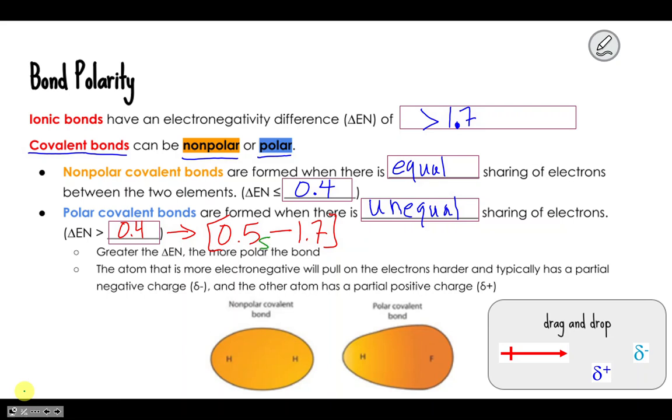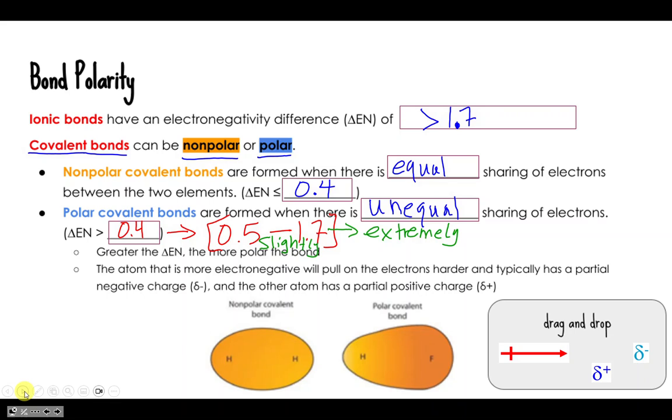So it is a range. 1.7 would be the greatest electronegativity difference, which would be the most polar bond, and 0.5 would be the least difference, so that would be the least polar bond.